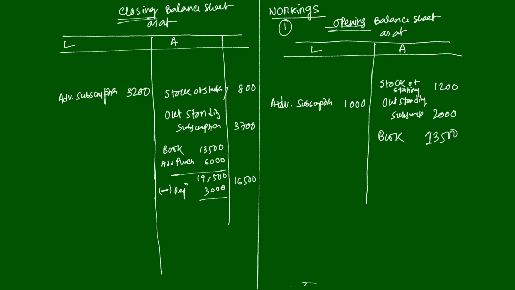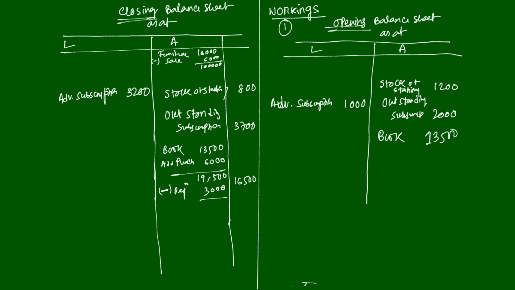So in your closing balance sheet, furniture is 16,000 less sale is 6,000, total 10,000.